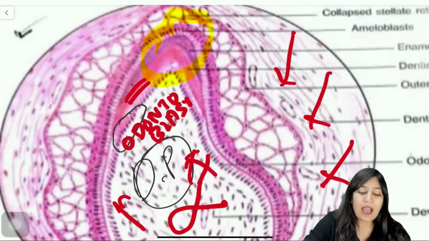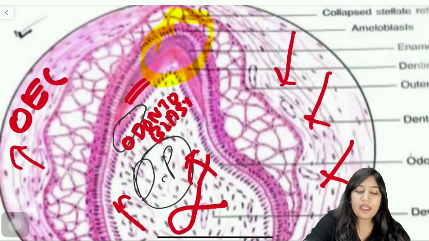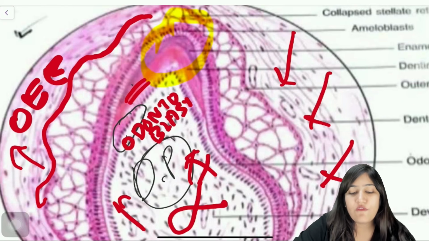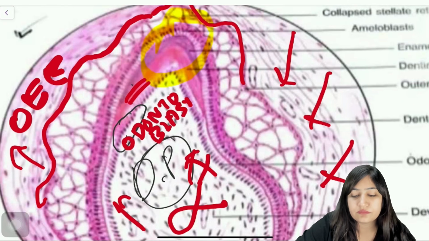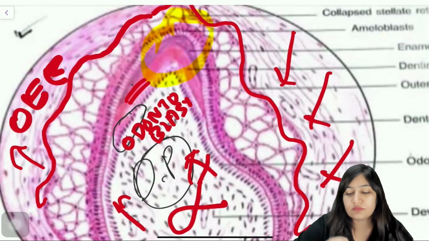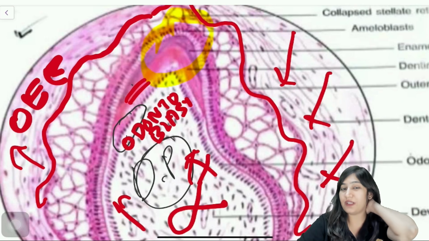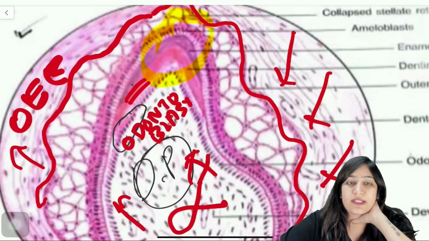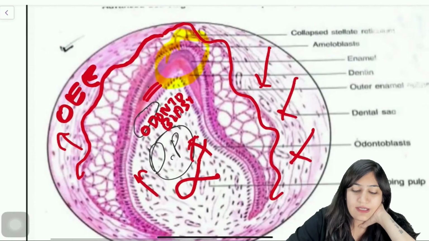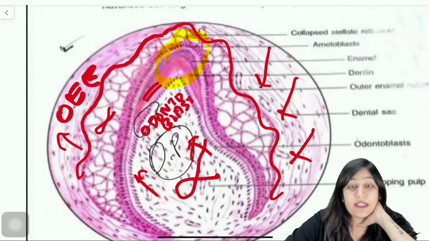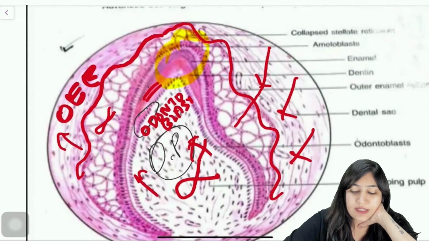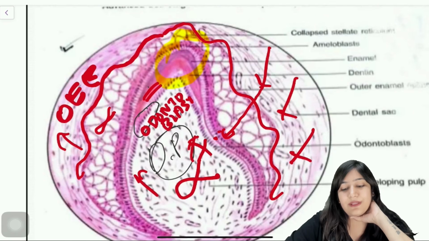For this, the outer enamel epithelium will be laid down in folds. You can easily appreciate there is formation of folds here. So outer enamel epithelium will be laid down in folds, and stellate reticulum will disintegrate, so that the nutritional supply is directly reaching the stratum intermedium and then inner enamel epithelium.